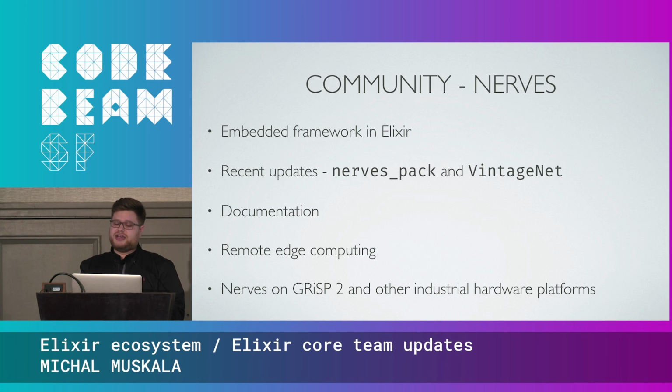VintageNet allows you to configure a network on your devices very flexibly. The Nerves team will be focusing on documentation. Right now it's in multiple places, so the goal will be to centralize it, make it easy to understand all the different components you have to work with, and also expand the system to work on more devices.